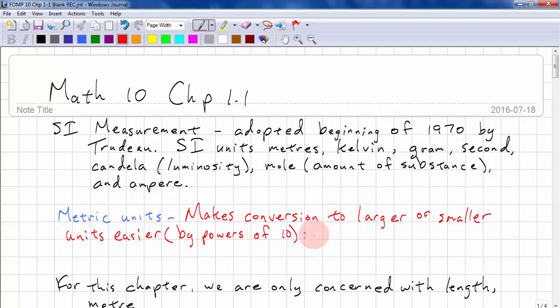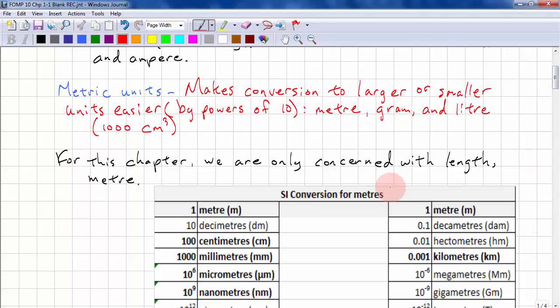And this applies to the meter, gram, and liter. A liter is 1,000 cubic centimeters. But for this chapter, we're only concerned about length, and that's the meter.